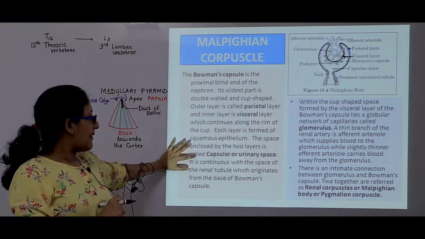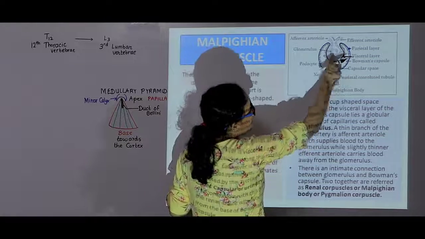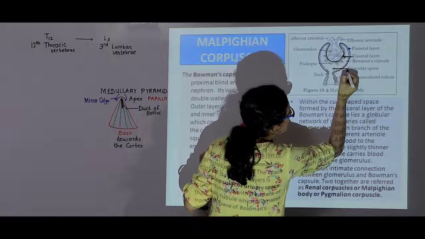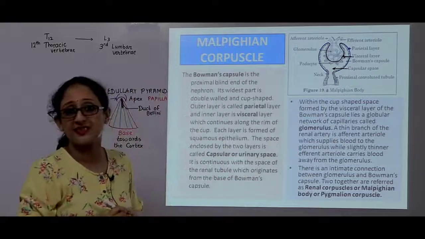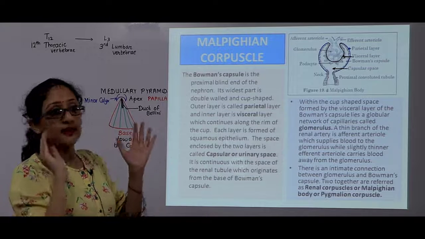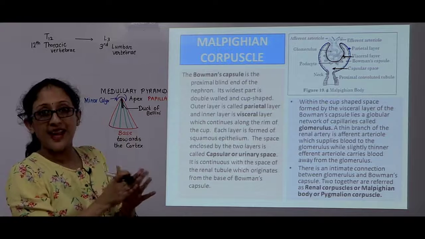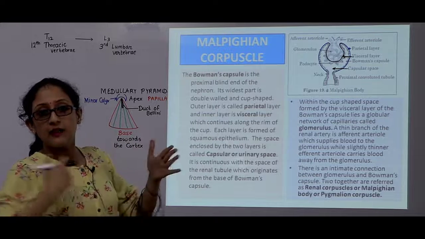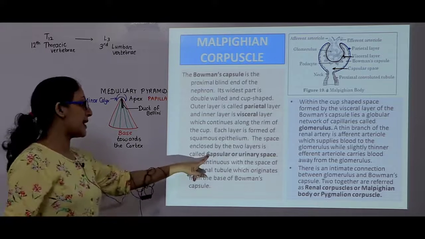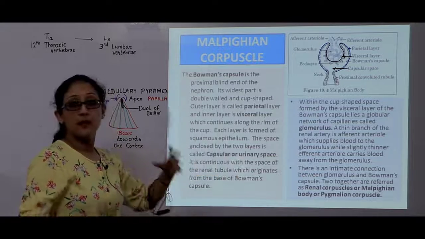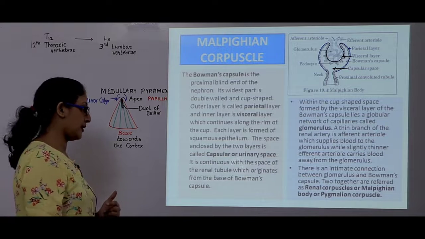Between the outer and the inner there is a space. So between the blue and the black line, this space is called the capsular space. Once again, between the outer blue parietal layer and the inner black visceral layer, the space is called the capsular space or the urinary space, because it will be filled with urine once filtration occurs.